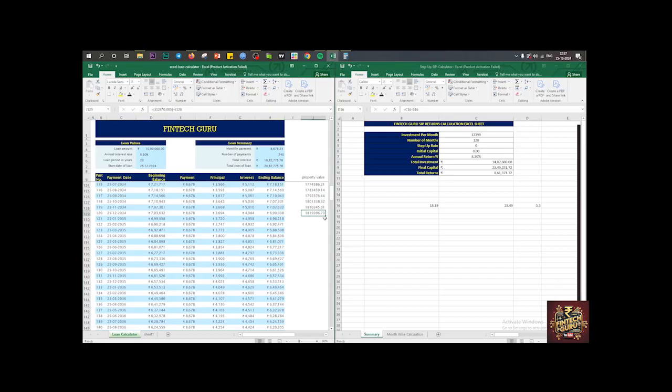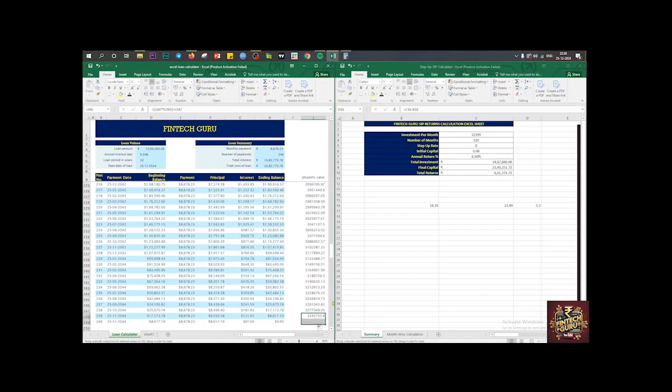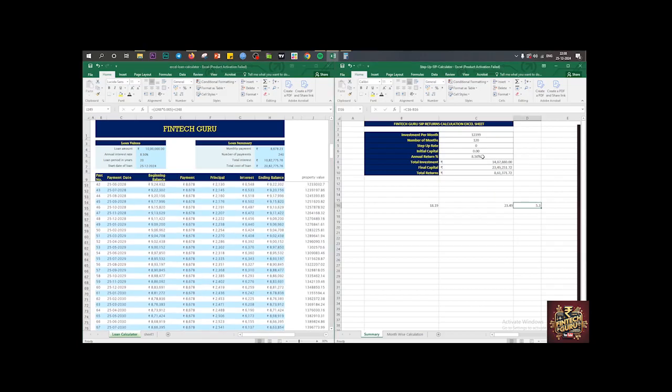So let's compare with the property. We have to just track it. Okay. So, see, we are assuming the property value is now 33 lakhs. Come, let's change here. It is just 240. Done. See the difference.